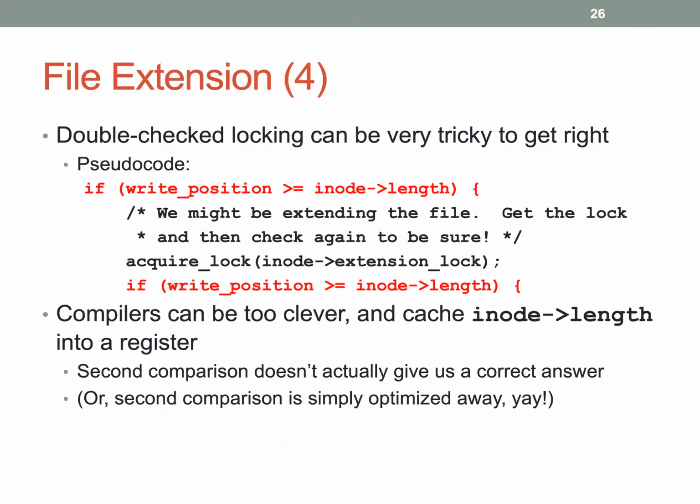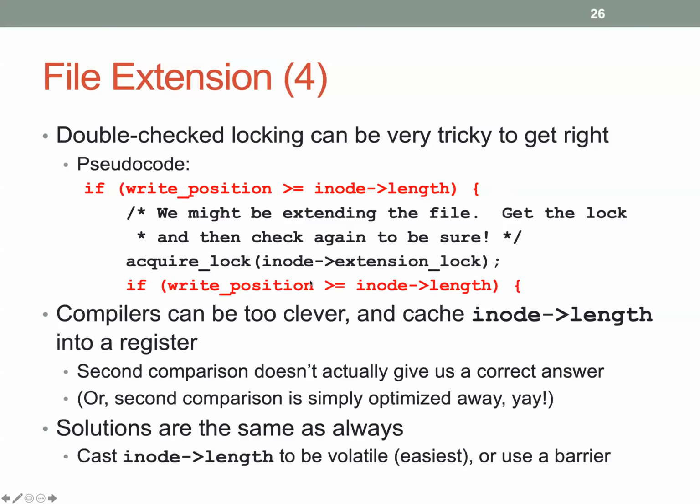So it may optimize away the second check, or the second check may not actually involve a memory access. Because of that, you have to make sure that you declare these things volatile, or cast them to volatile, so that you force the compiler to do the read both times. That's really the crucial detail you need to be aware of.